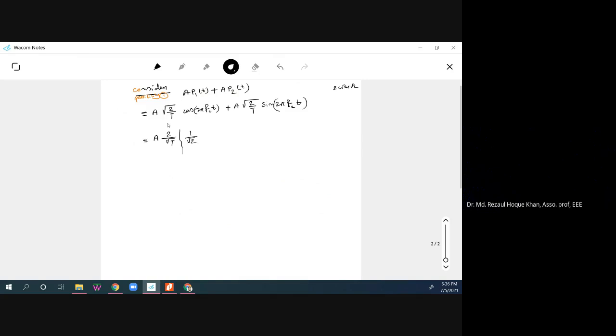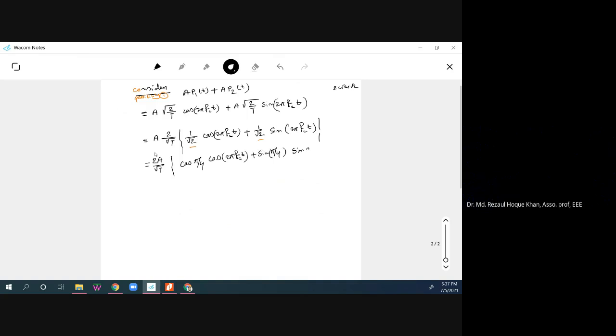That square root of 2 I put inside the bracket, and the remainder is cos 2 pi fc t, plus 1 by square root of 2 sine 2 pi fc t. Now 1 by square root of 2 is cos pi by 4 and also sine pi by 4.